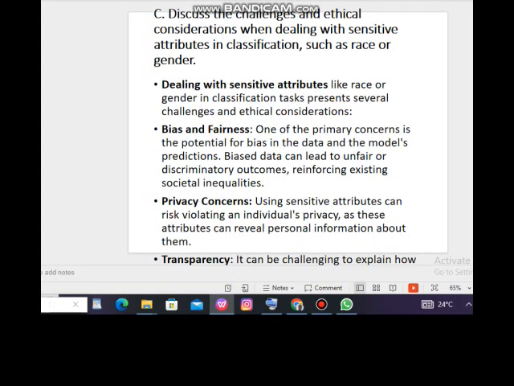One of the primary concerns is the potential for bias in the data and the model's predictions. Biased data can lead to unfair or discriminatory outcomes, reinforcing existing societal inequalities. Privacy concerns. Using sensitive attributes can risk violating an individual's privacy, as these attributes can reveal personal information about them.